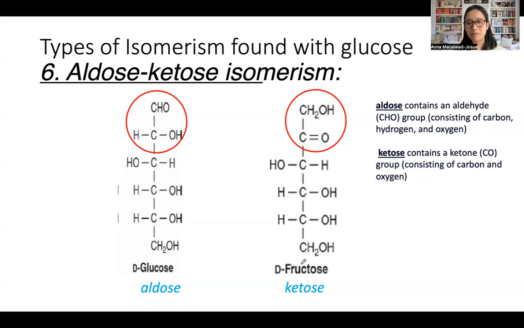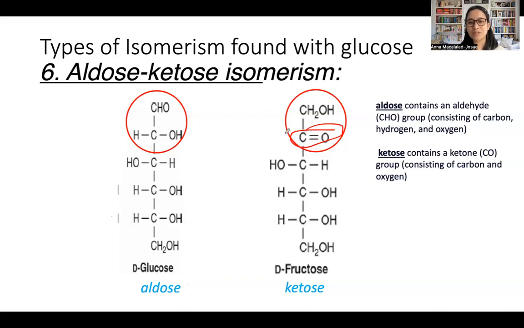So this now becomes fructose because it contains a ketone, this one. Okay? A ketone group, consisting of carbon and oxygen, and it has a double bond. So there's been a change in arrangement here. So glucose is an aldose.